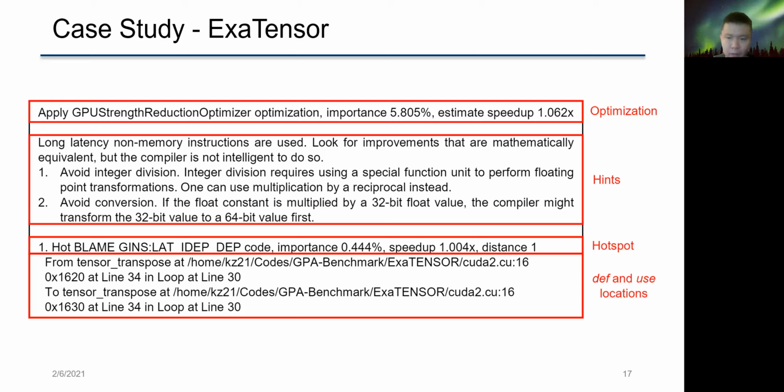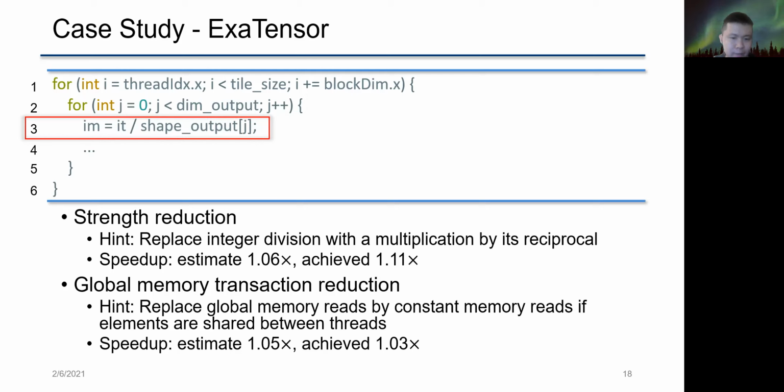Next, on the same line, GPA suggests replacing global memory reads by constant memory reads if elements are shared between threads. The estimated speedup is about 1.05x, and we achieved 1.03x by applying this optimization.